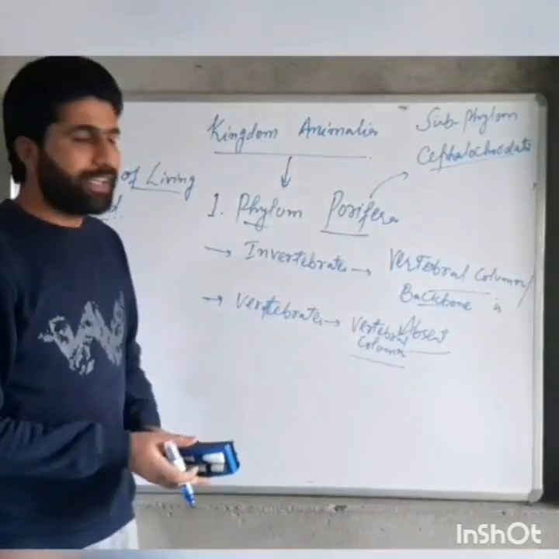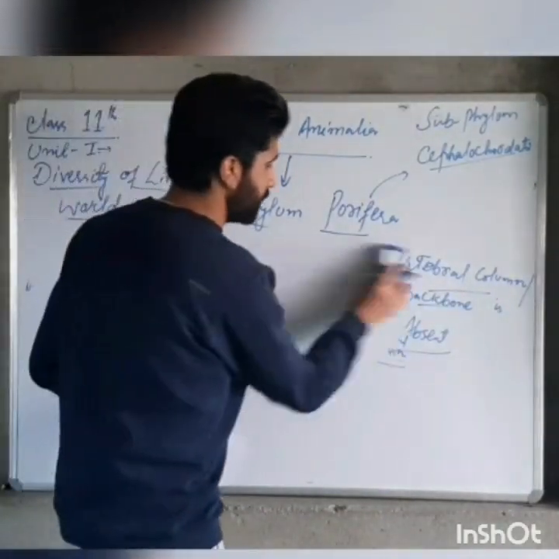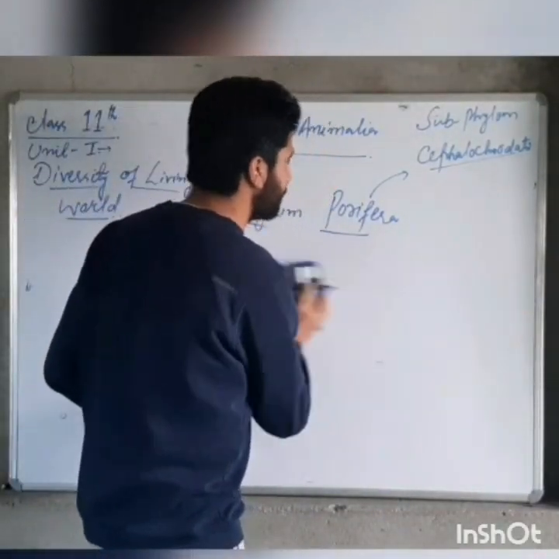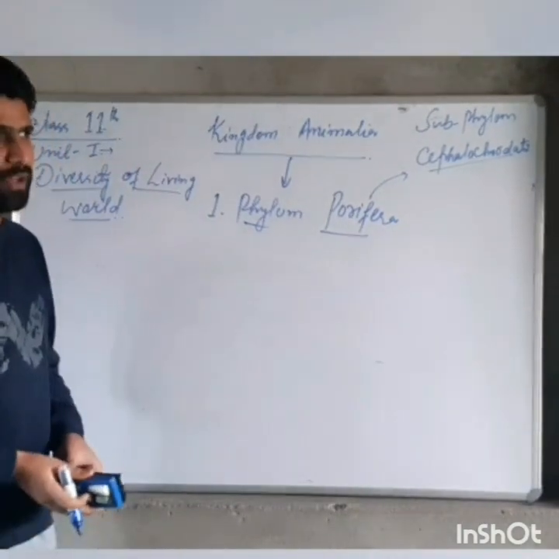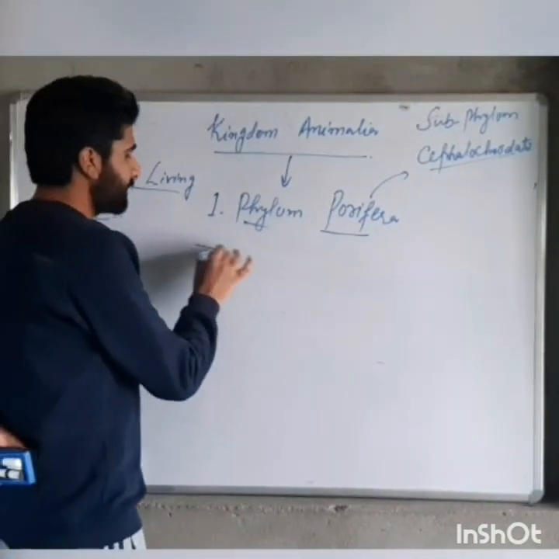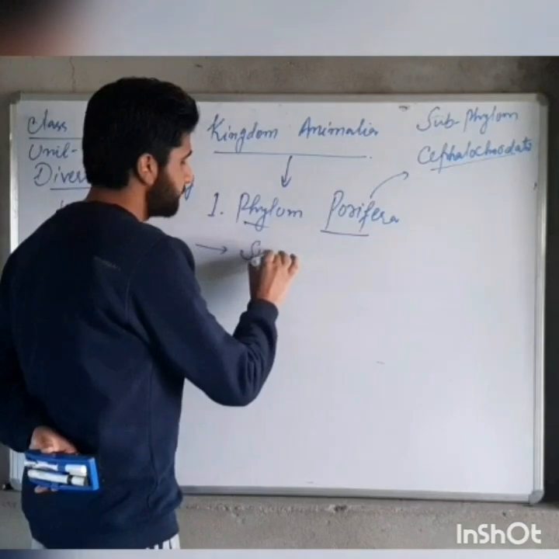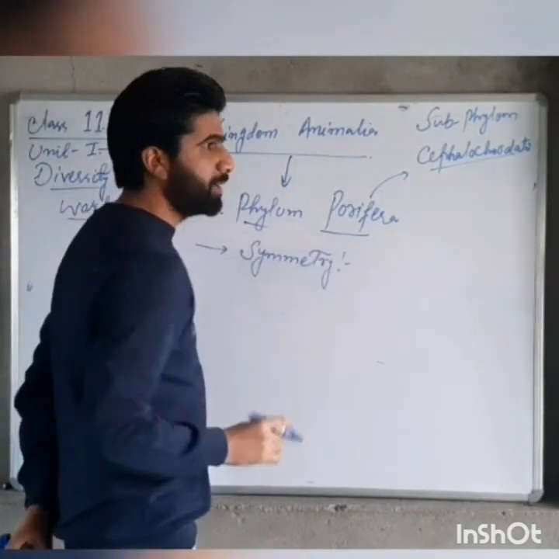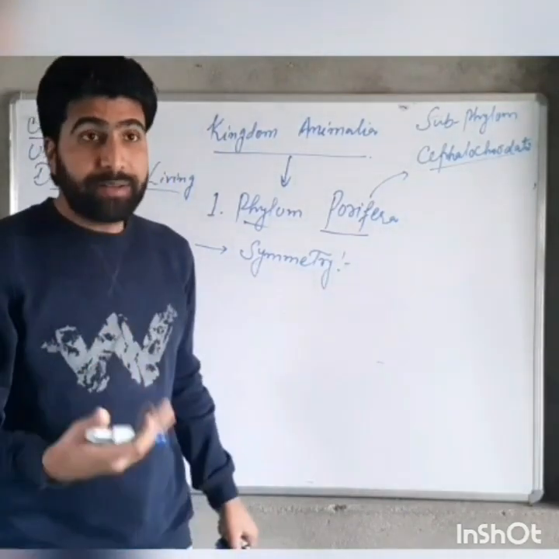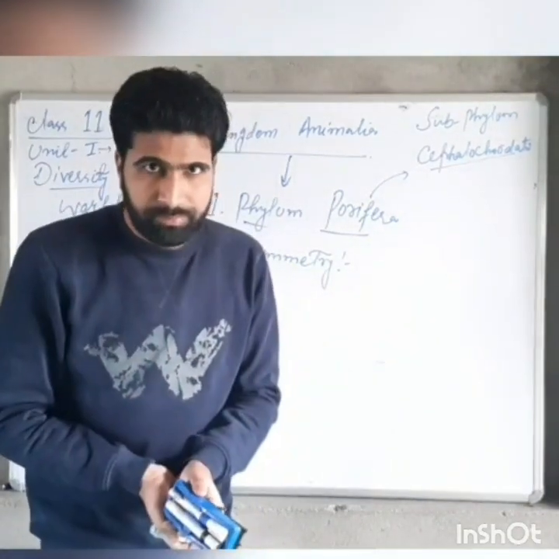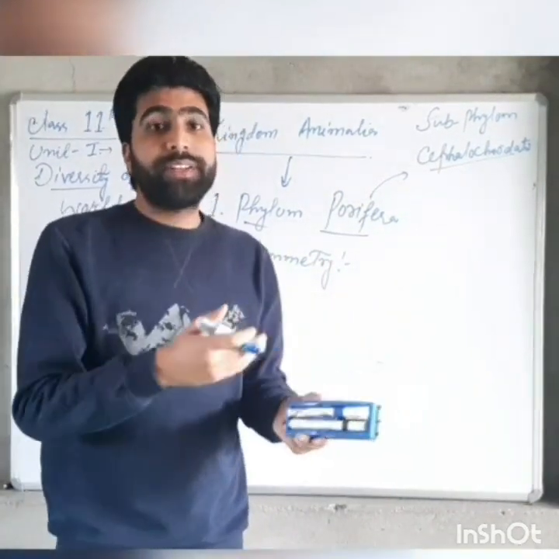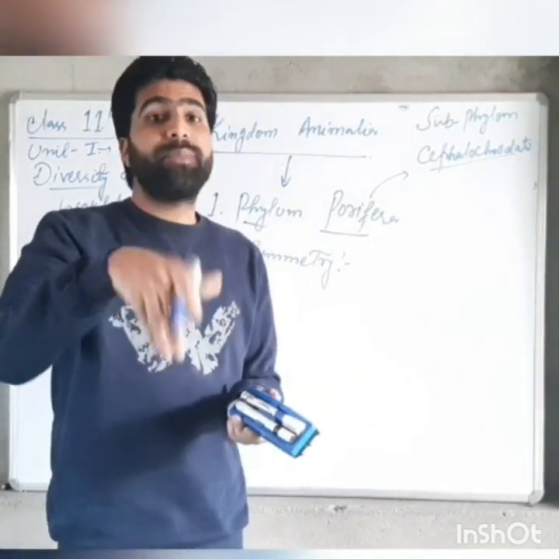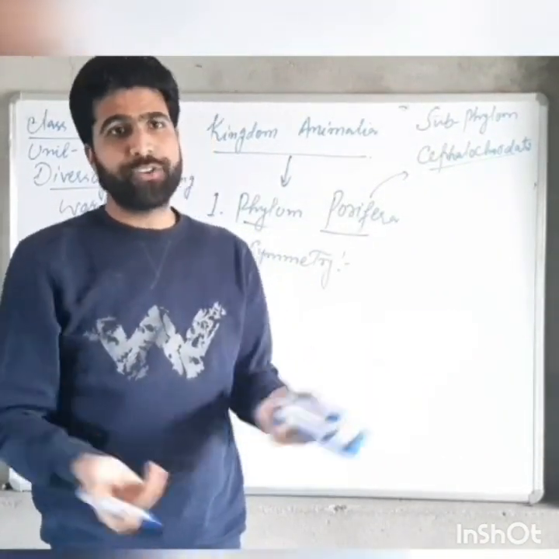Moving on to another term, we will encounter a number of terms while discussing Phylum Porifera. One more term is symmetry. Symmetry is how a living organism can be cut. Whether it can be cut into two equal halves, it's called symmetrical. Whether it cannot be dissected into equal halves, it's asymmetrical.